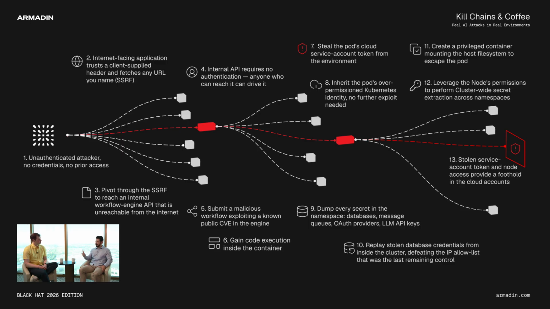But in this particular case, there was no method that was super interesting. This was a workflow engine API. But we noticed that that API was vulnerable to a CVE from 2025. This is 2026, by the way. And it was a remote code execution vulnerability.